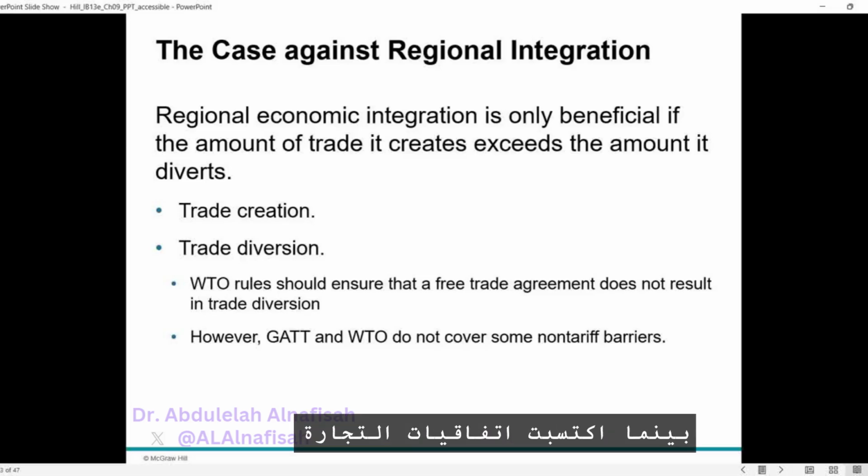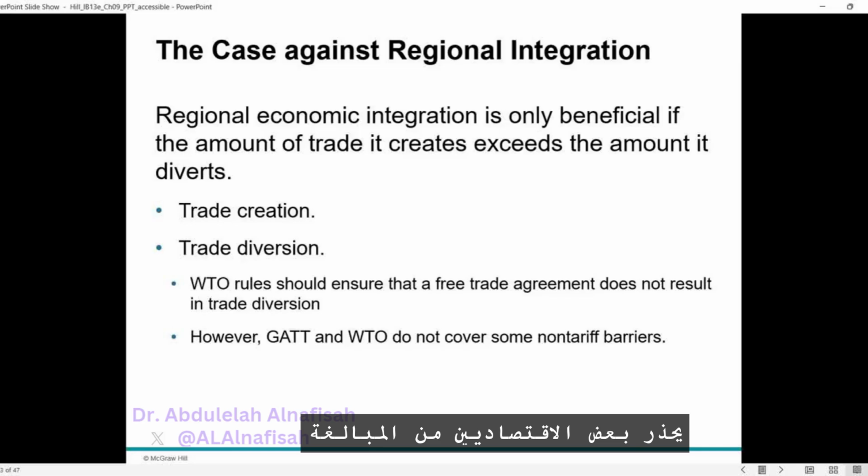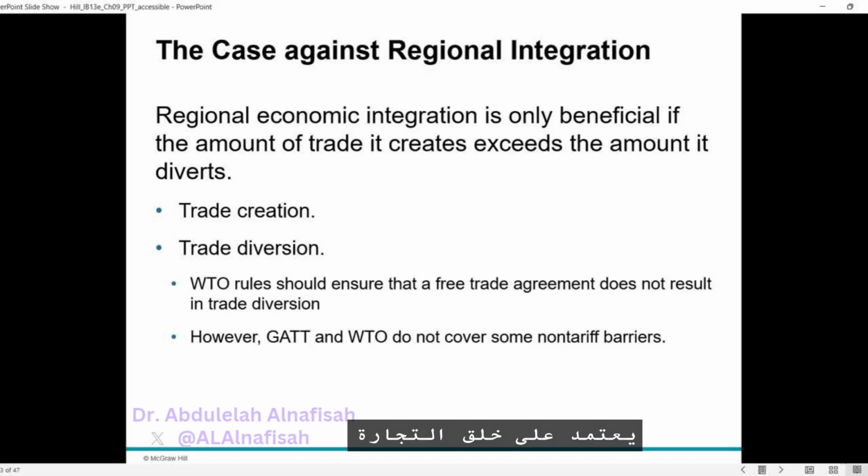While regional free trade agreements have gained momentum, some economists caution against overselling the benefits of integration while overlooking the associated costs. They emphasize that the success of regional integration hinges on trade creation versus trade diversion.